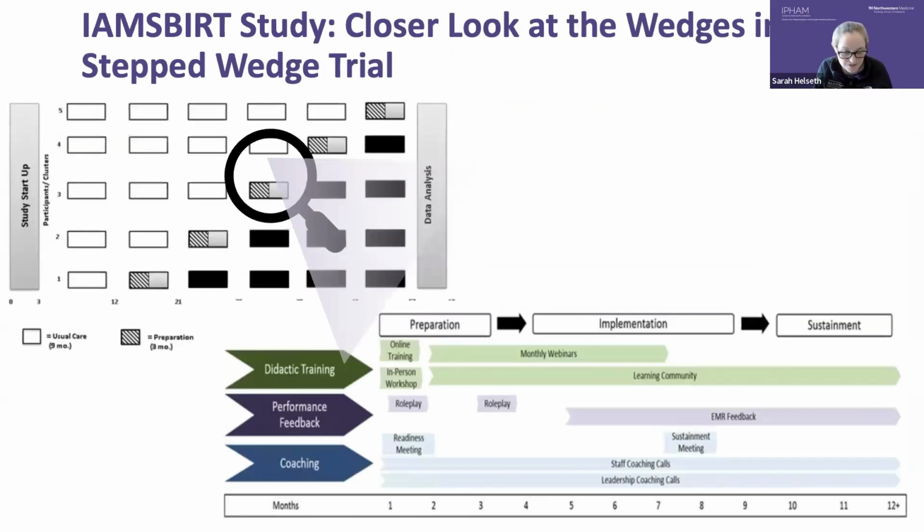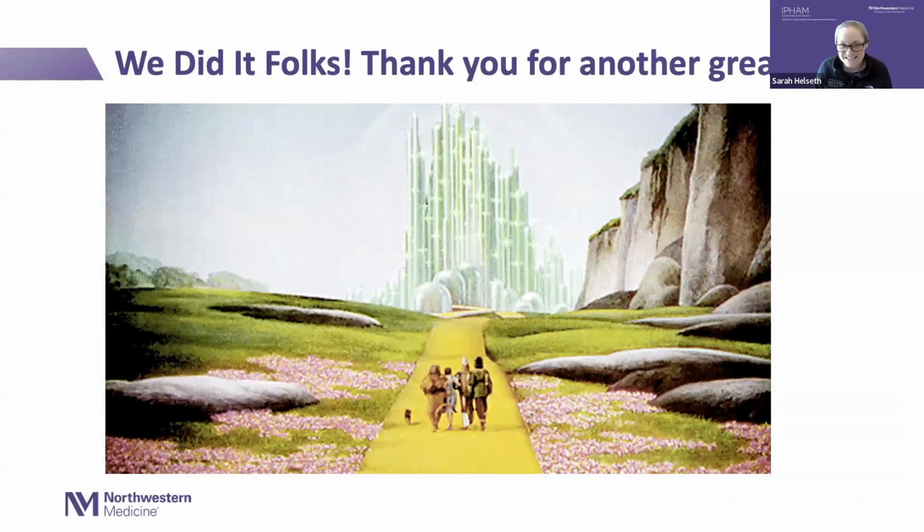If you want to read more about this, they had a wonderful graphic that showed how each of their implementation strategies, didactic training, performance feedback, and coaching, happen in the preparation, implementation, and sustainment phases, to give you a sense of what this rollout looked like.